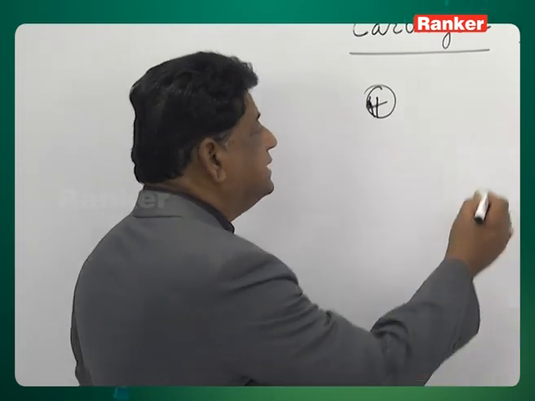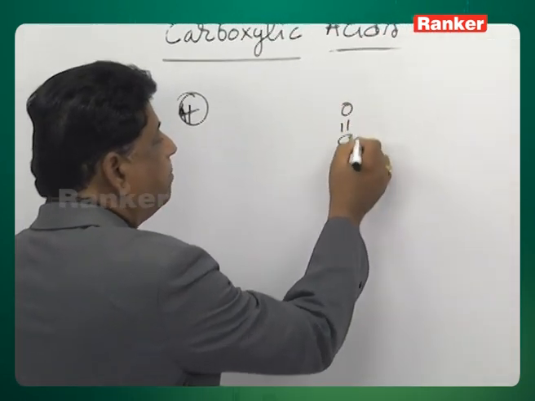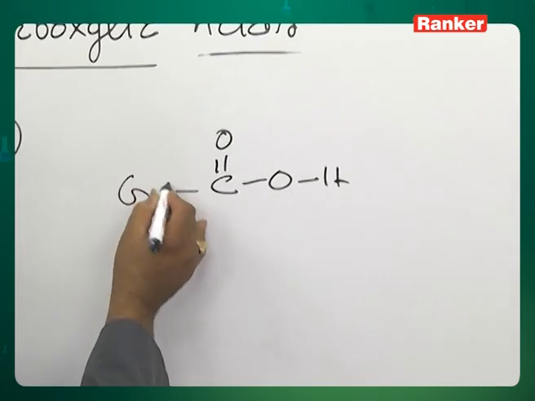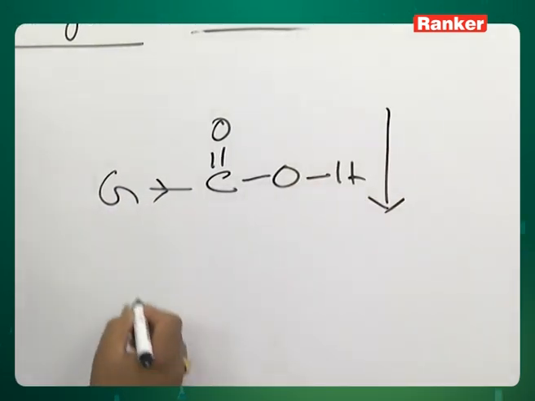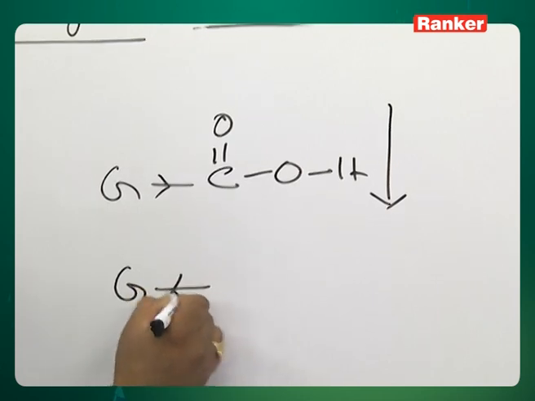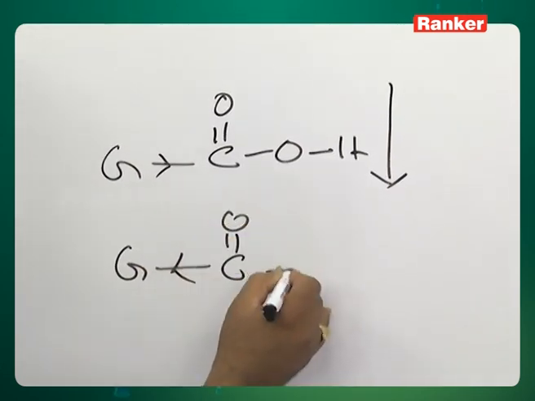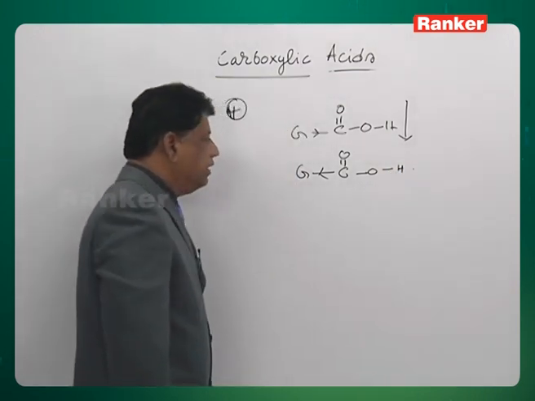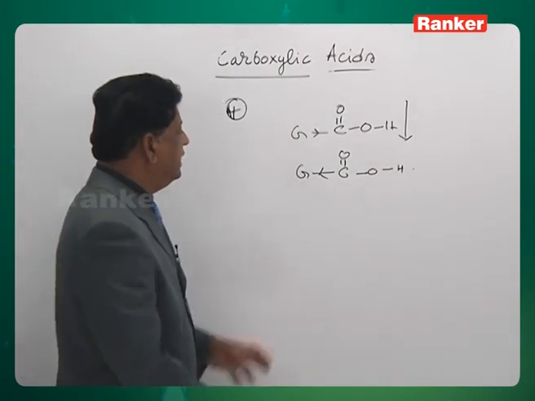So as I said, for carboxylic acids we have a general explanation. Any group which donates electrons, the acidity is decreased. Any group which withdraws the electron density through the minus I effect or through minus hyperconjugation and so on, increases the acidity.